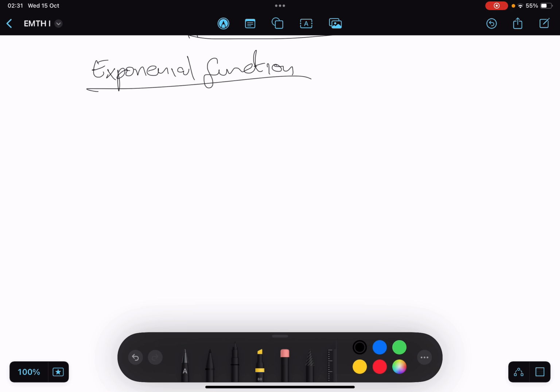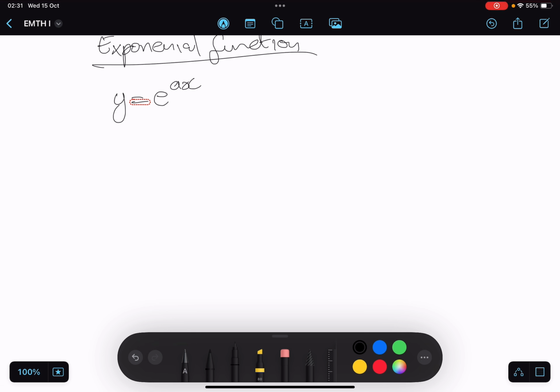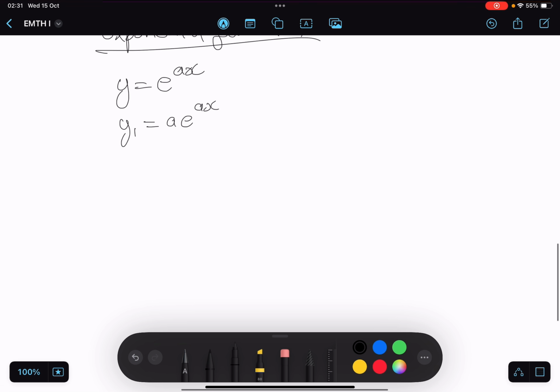So the general form is we are given y is equal to e^(ax). The first derivative of this function is going to be a e^(ax). We are differentiating the power, then multiplying the entire function by the derivative of the power. So the second derivative is the same thing.